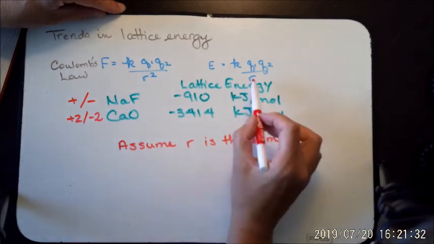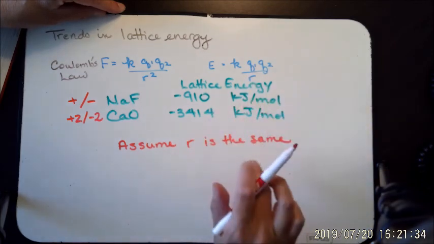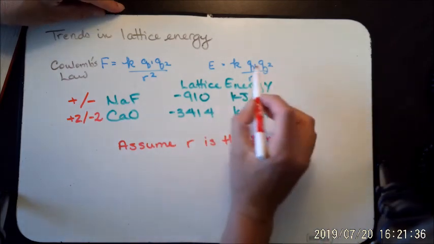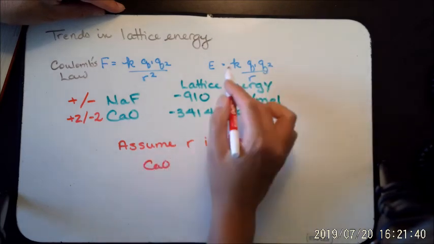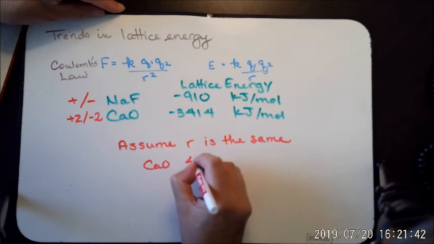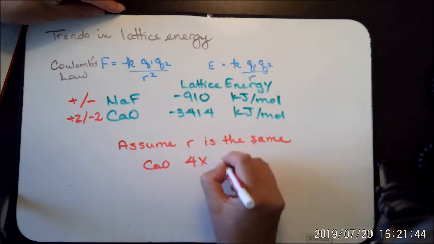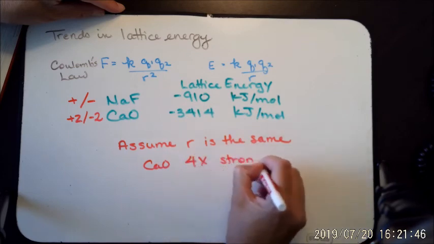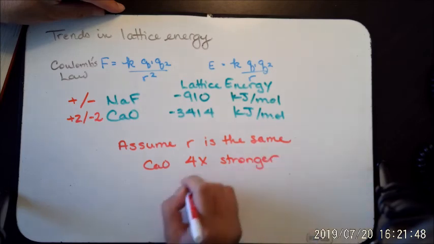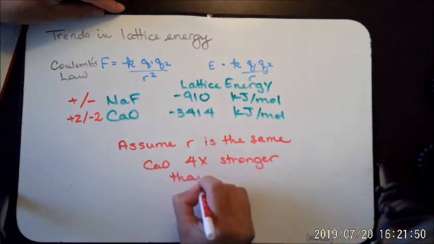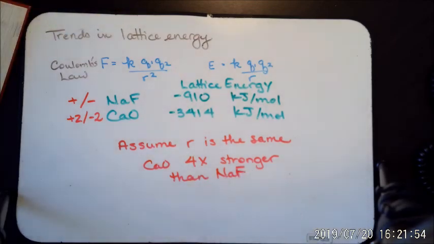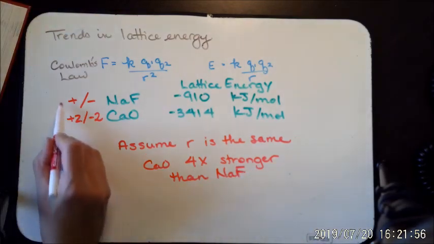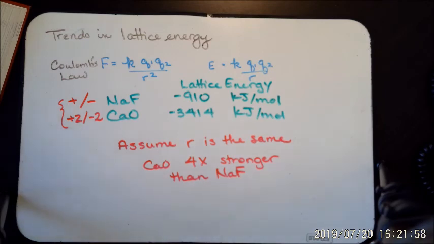So, neglecting the size differences with R, my calcium oxide is 4 times stronger. The bond is stronger than sodium fluoride, and that's only because of my charge differences there.